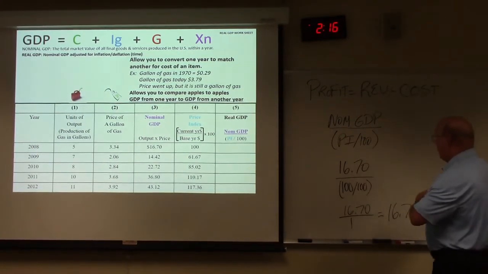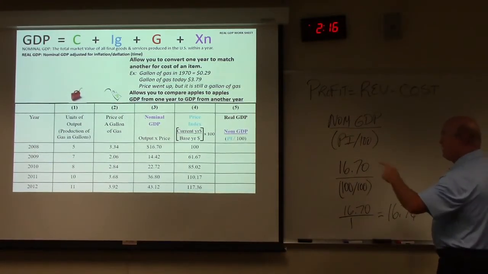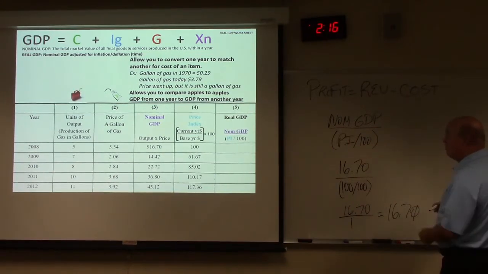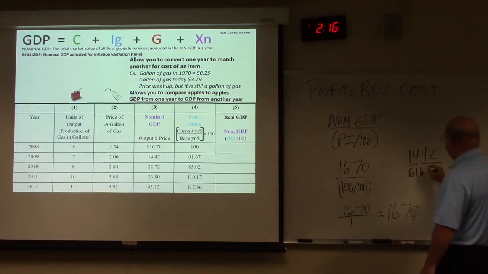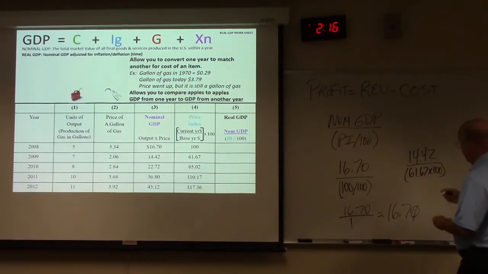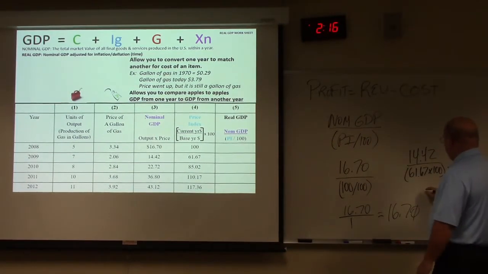Now let's take 2009. All right, we got the nominal GDP for 2009 is 1442. So there's our 1442 divided by the price index, which is 61.67 times 100. And there's our parentheses. So we do the math, and oops, divided by 100, my bad. Okay, divided by 100, so we have 1442 over 0.6167.